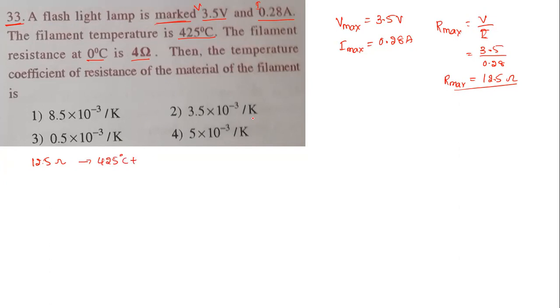Because finally the answer is given in Kelvin, students, right? So it will be plus 273. If you add up, you'll get 698 Kelvin.